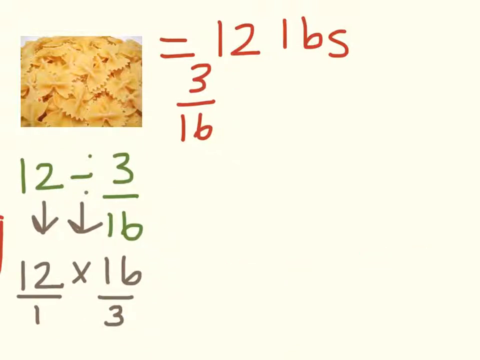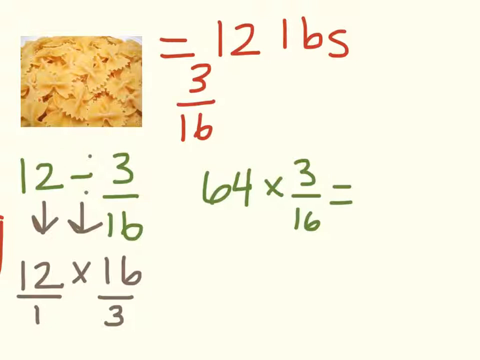If we wanted to check to see if this answer is reasonable, all we need to do is take our 64 servings, times 3/16, which was the size of our serving, correct? And we multiply this. Once again, we look for opportunities to cross-reduce. Do 64 and 16 have any common factors?